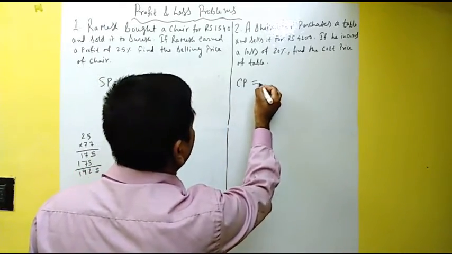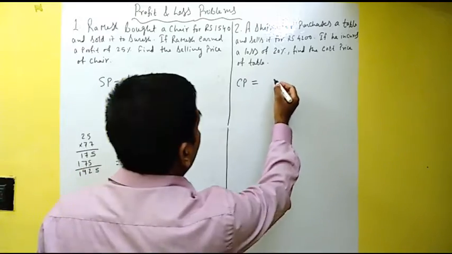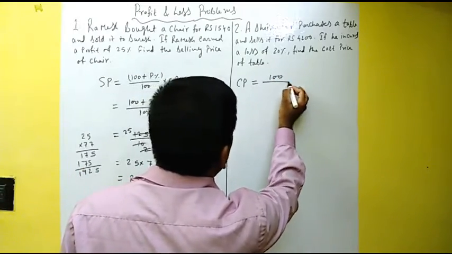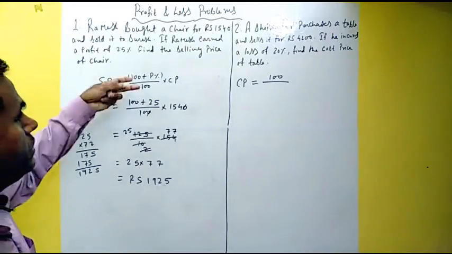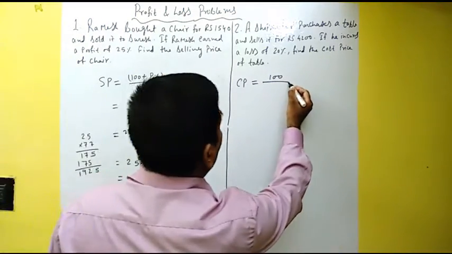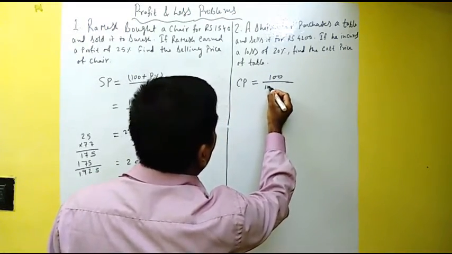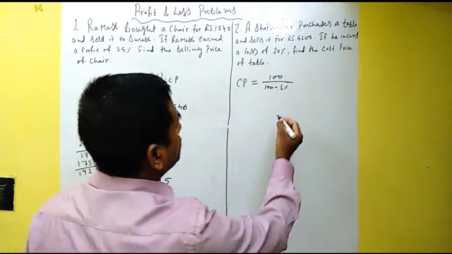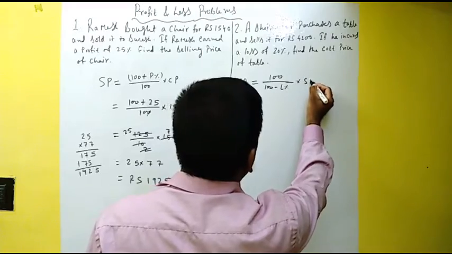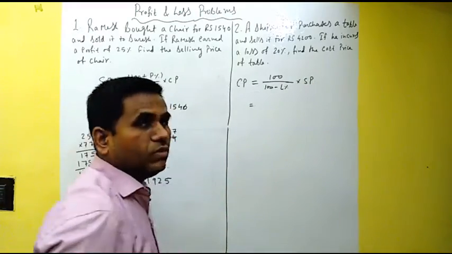So here also we have to use the formula. In case of cost price, as we discussed in the previous video, the fraction will become reverse: 100 upon (100 minus loss percentage), because loss is always subtracted, multiplied with selling price. This is the formula.